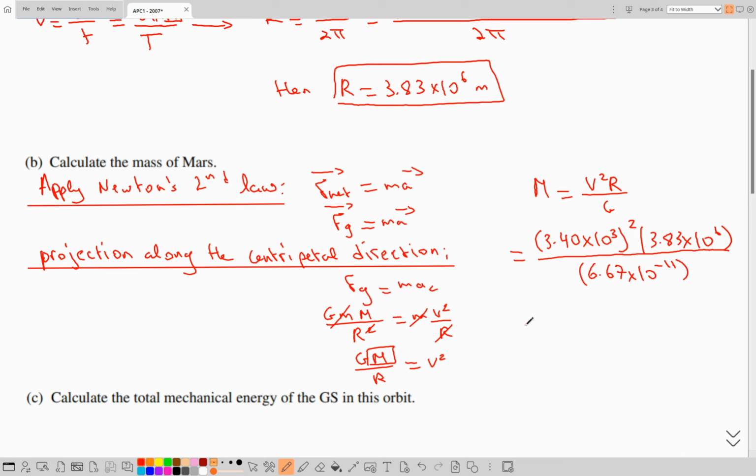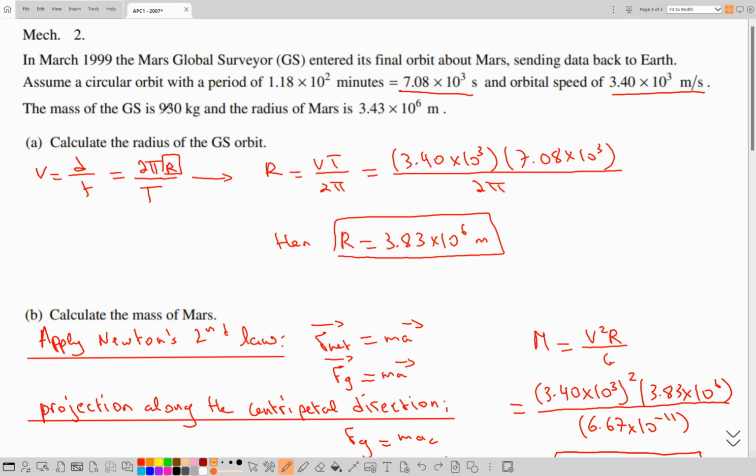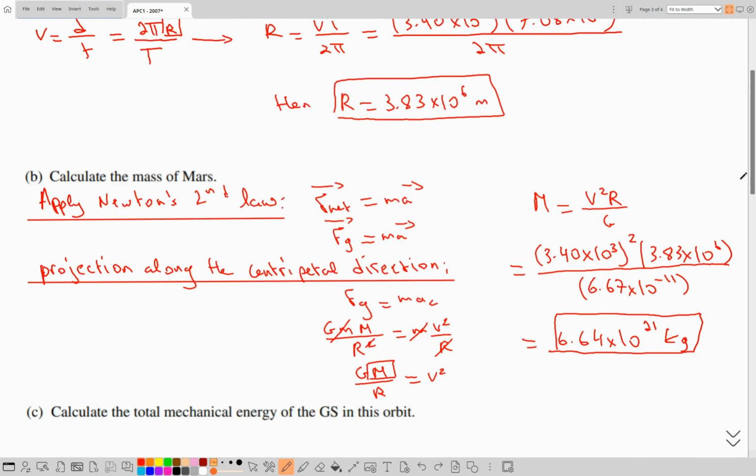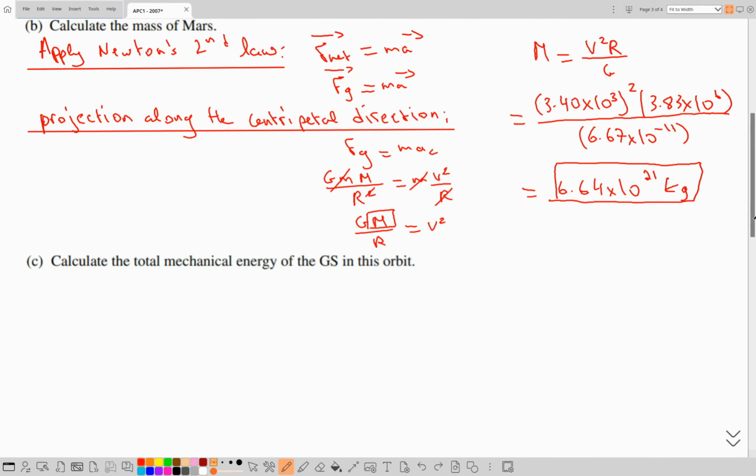Plugging that expression in the calculator gives a value of 6.64 times 10 to the power 21 kg. Notice carefully, if you compare the values of the masses, this is of the order of 10 to the power 21, and this is just 930 kg. Always the central mass is much heavier than the orbiting mass.